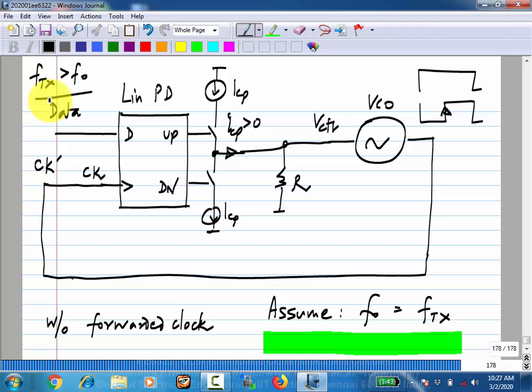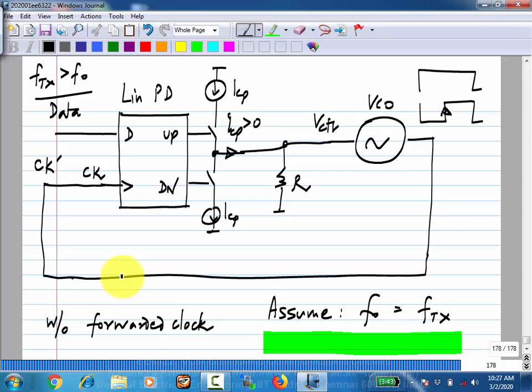First of all, what is the absolute necessary condition to have steady state here? The frequencies should be the same, right? Otherwise, the two things are slipping past each other. There is no steady state. The frequency output of the VCO should be the same as the transmit frequency, right? Then you will have one rising edge in every data symbol. Where it is, we will see.